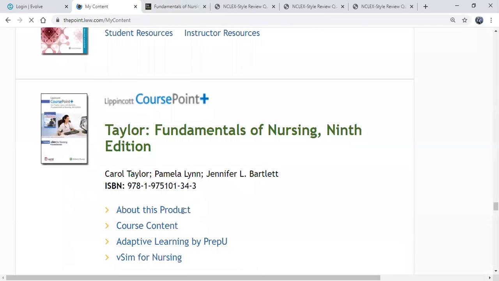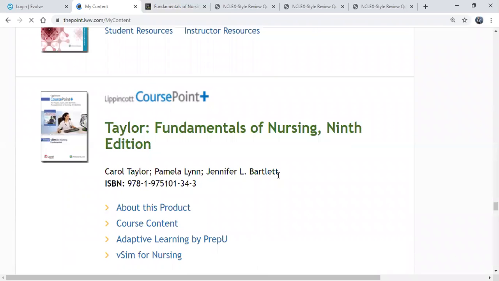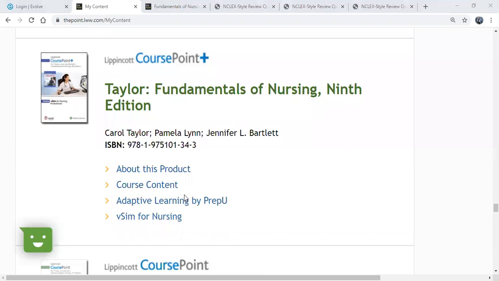Sorry, I got a lot more books than you guys. All right, you see, this is your book that you're using for Prep U, right? It looks different. You see it looks different? You go to course content.